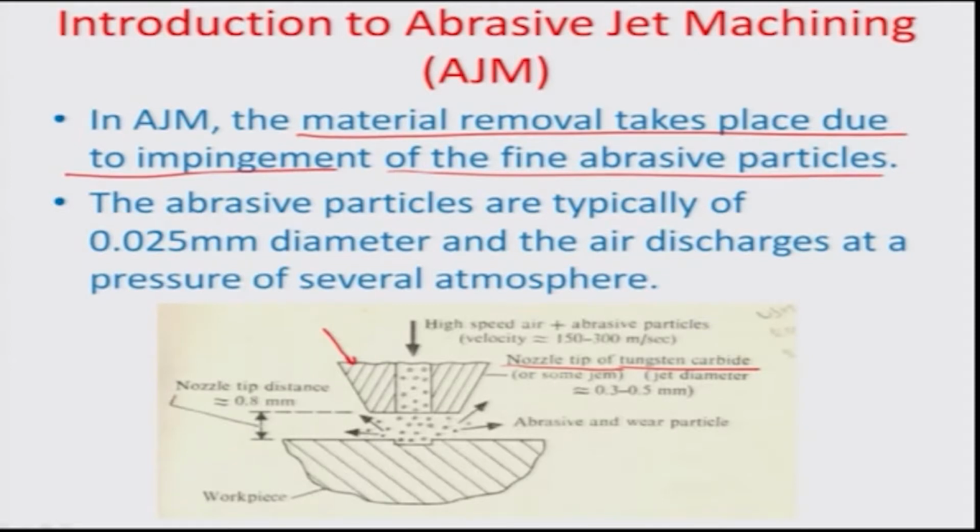There is a high speed jet of air which picks up abrasive particles by a system which we will describe when we talk about the machinery, and it forms an air abrasive mix which flows out from this nozzle at a high velocity, as high as 150 to 300 meters per second.